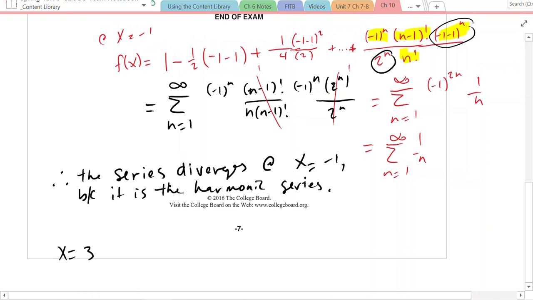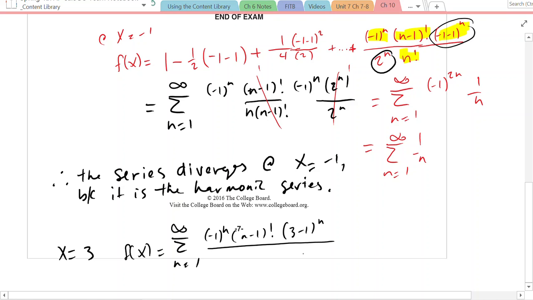So for this one, now we have f of x equals the summation of n equals 1 to infinity of negative 1 to the n times n minus 1 factorial times 3 minus 1 factorial. Oops, no, that's to the n. To the n over, and then I'm going to put the 2 to the n here for obvious reasons. I'm going to put the n factorial here.